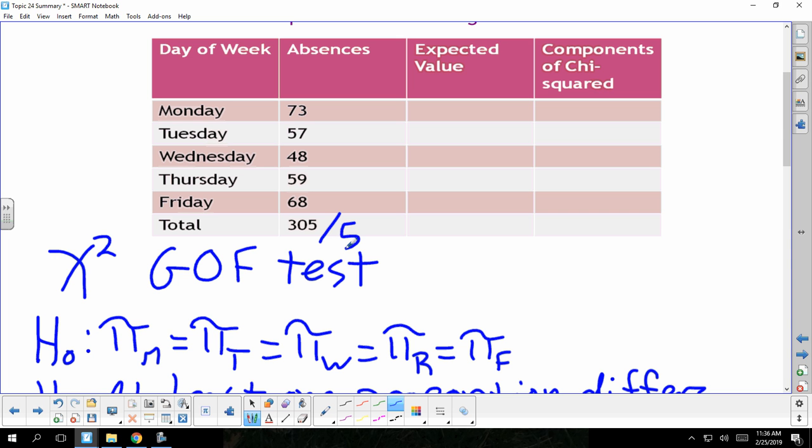And this works when we have a null hypothesis where they're all equal. But if we had some predetermined proportion, like we thought, say maybe 25% of all the absences occur on Monday, we'd multiply that value by 0.25 and the other values by the associated proportion of our expectation. So in this case, each of our expected values is 305 divided by 5, which is 61 for each.